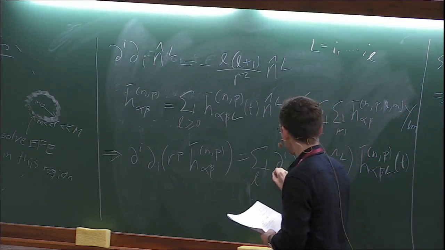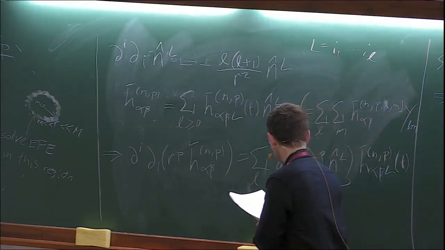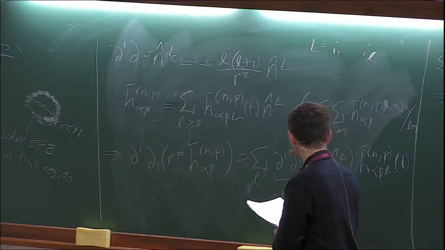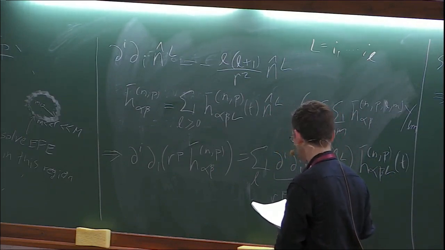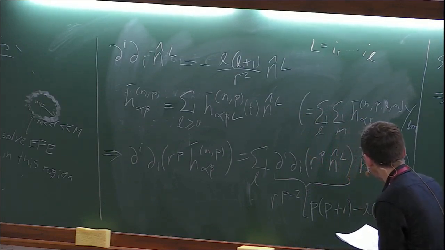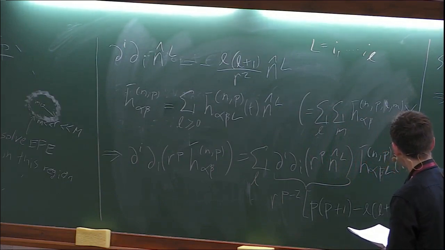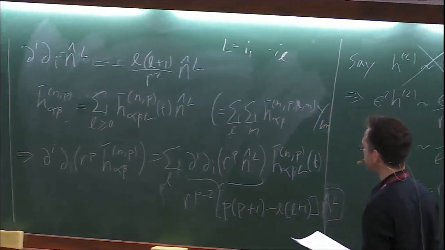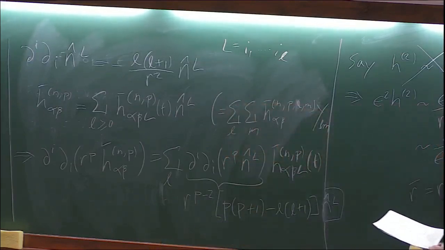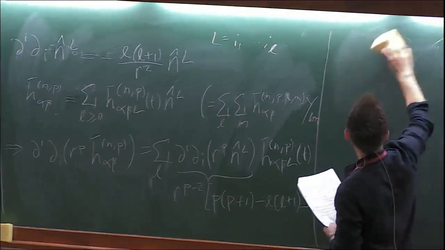And then in the exercises, you showed that this is r to the p minus 2 times p plus 1 minus l(l+1) times n hat L. So that's just a couple lines of calculation, and you should make sure that you can show that's the case if you haven't already yesterday.